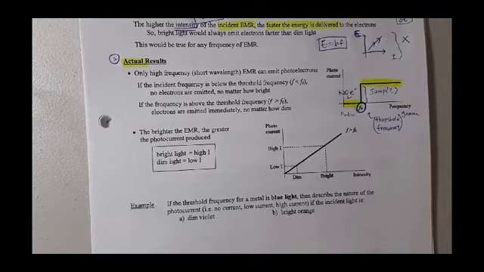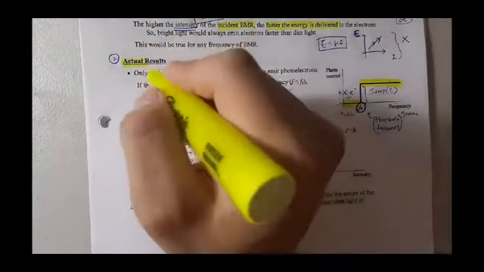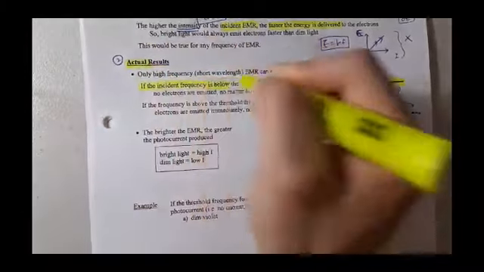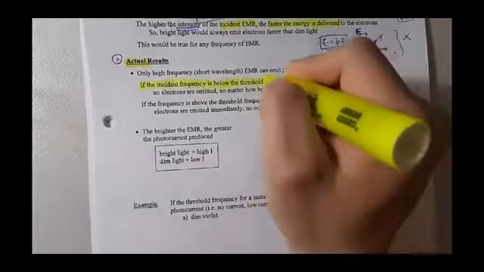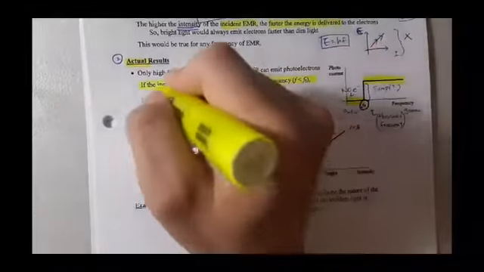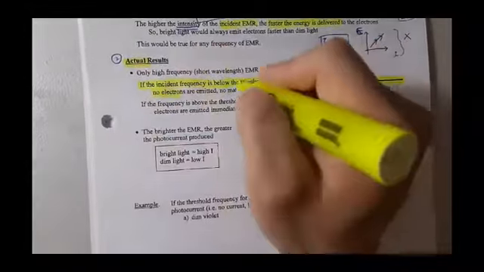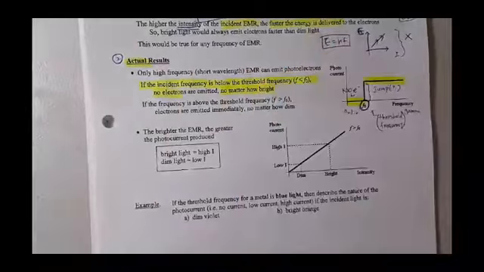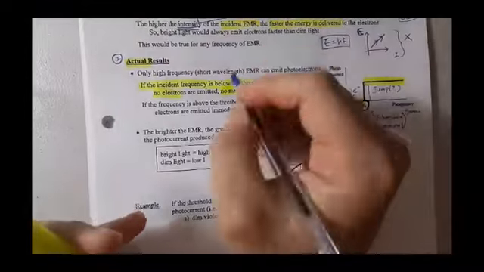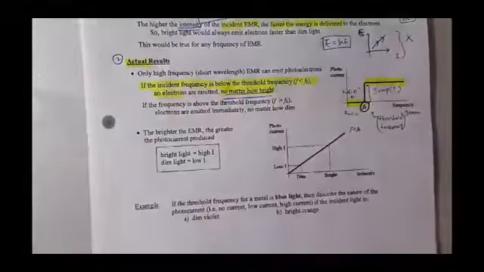And one of the conclusions that they made was, if the incident frequency is below this threshold frequency, then no electron, regardless of how bright you set the machine up.